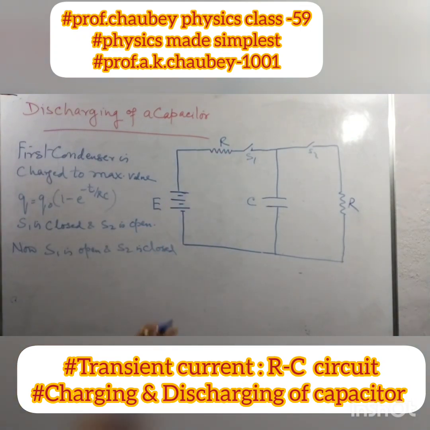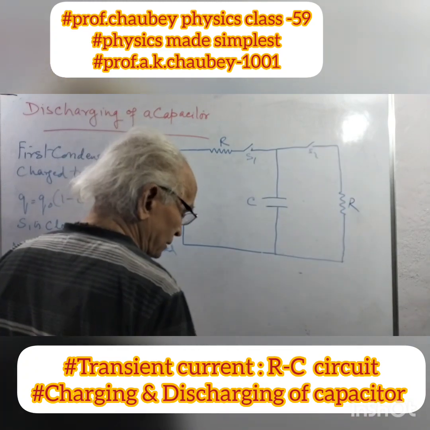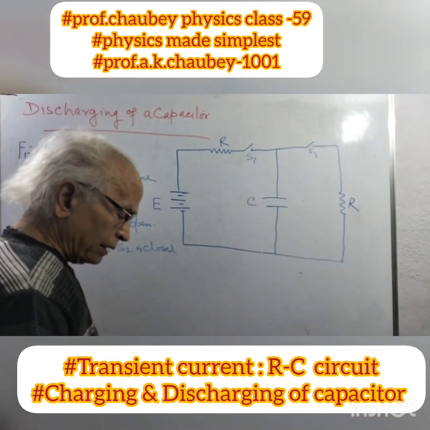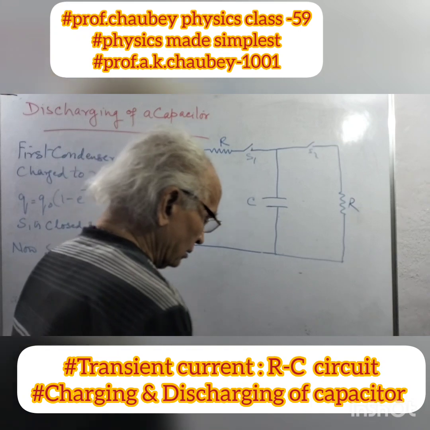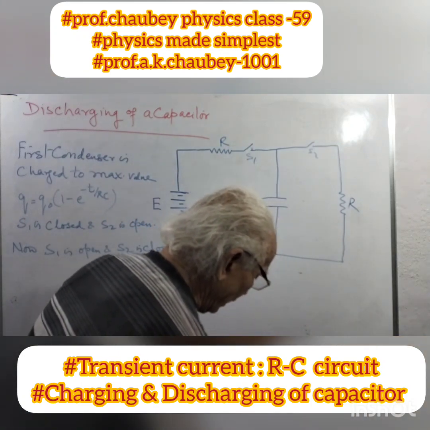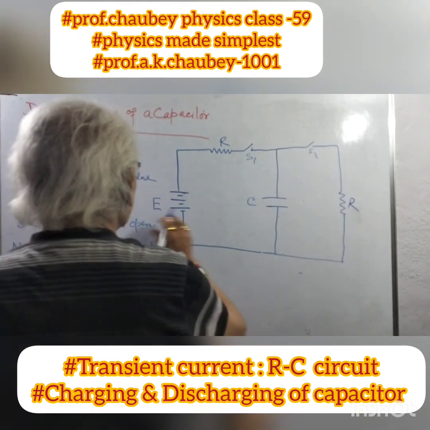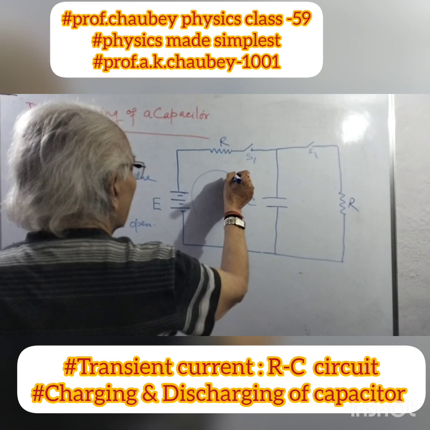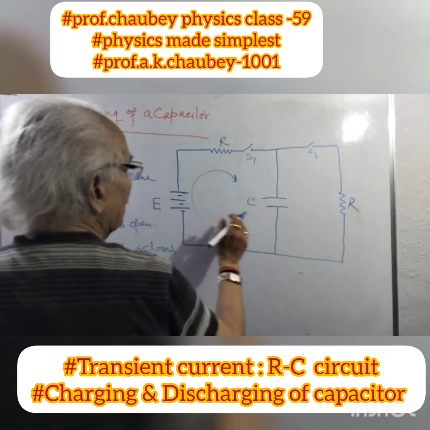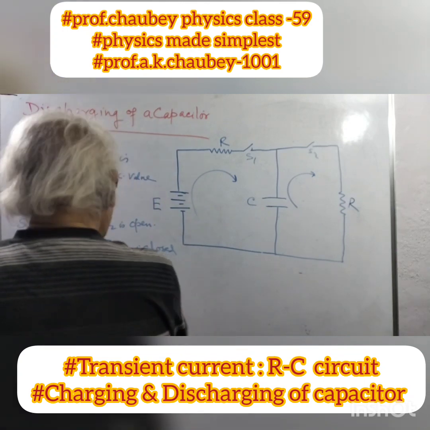S2 is closed means the condenser is now discharging through resistance R. So discharging of the condenser takes place. Now we can write the equation for this circuit. This was for charging, now discharging takes place through this. So now the potential source is zero.